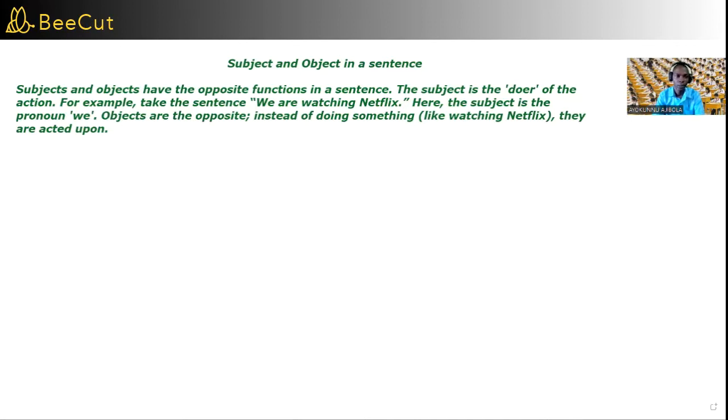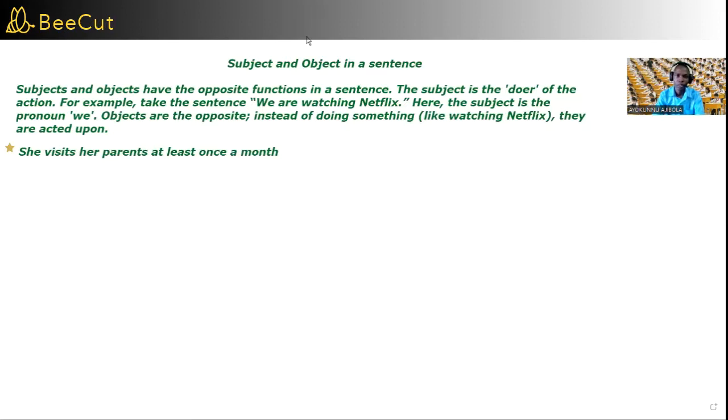She visits her parents at least once a month. In this particular sentence, we want to know what is the subject and what is the object.